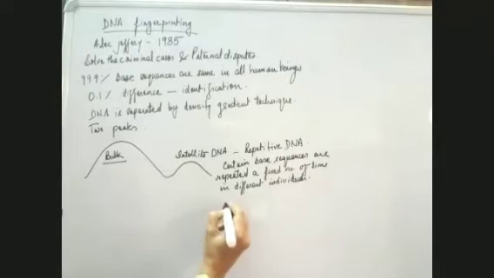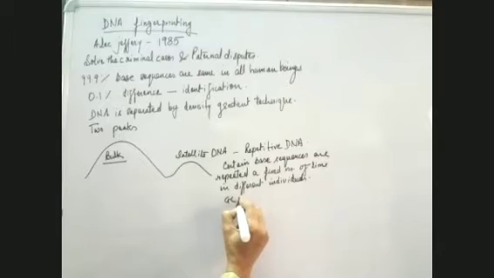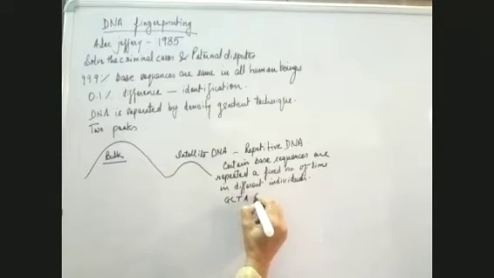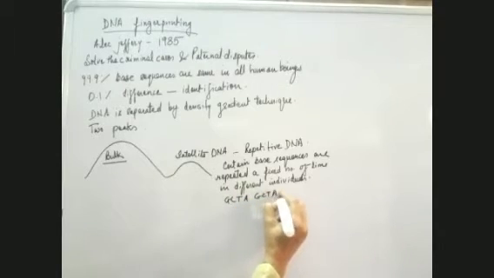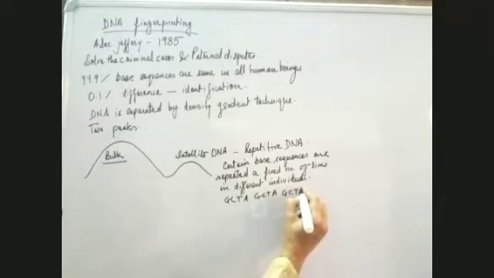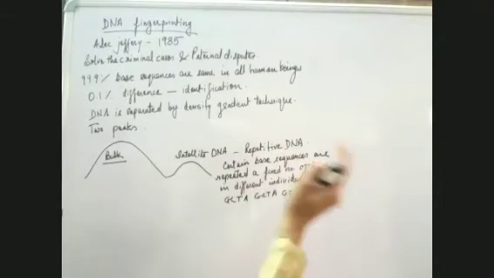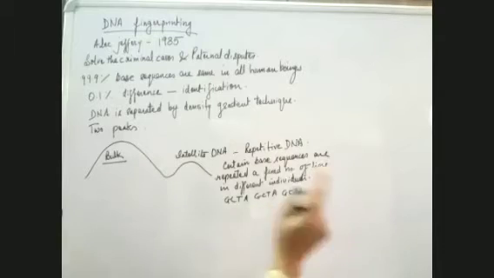Like if we have GCTA, it will be repeated up to a certain number of times. Suppose it is repeated 1000 times, or 100 times, or the same base sequence is repeated 50 times. So it can be repeated a fixed number of times in different individuals.